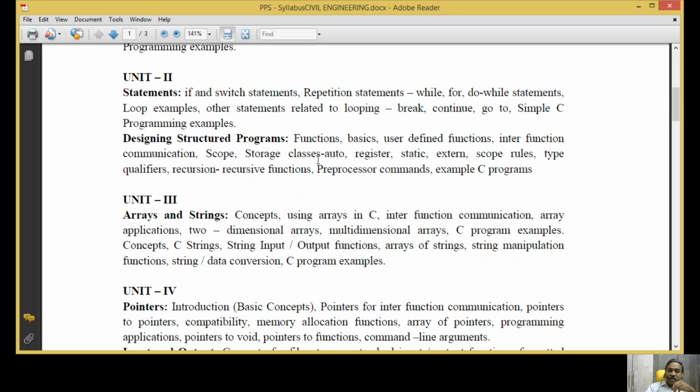In the third unit, we go to arrays and strings. See, a computer is a numerical machine, but the data in our real life is hardly confined to numbers. We have our names, our relatives, and various things that are actually not numbers.